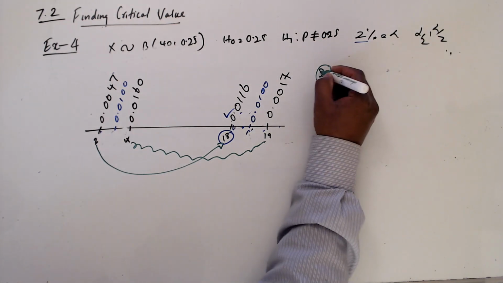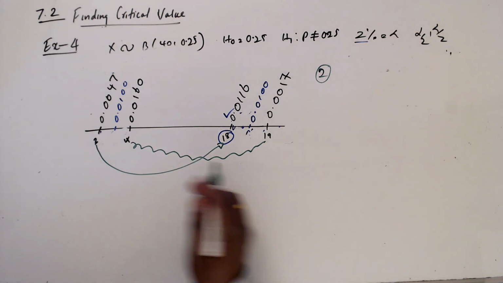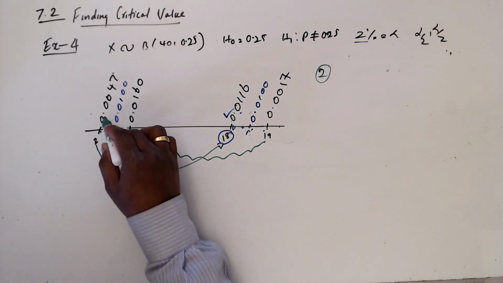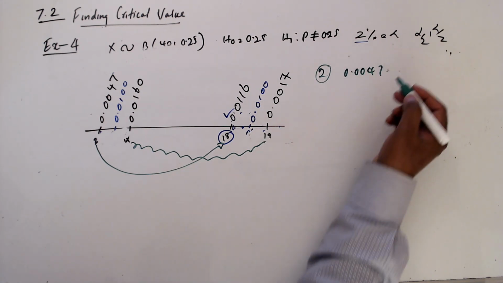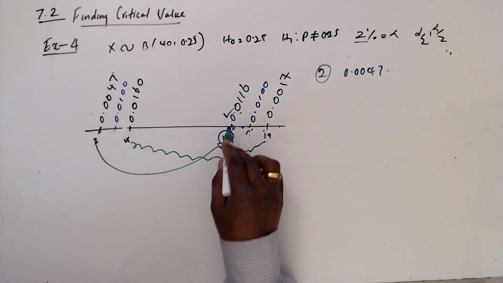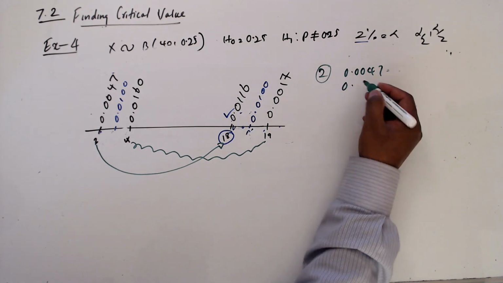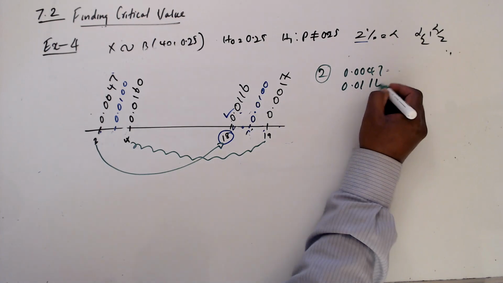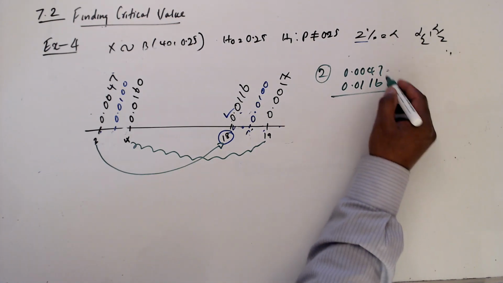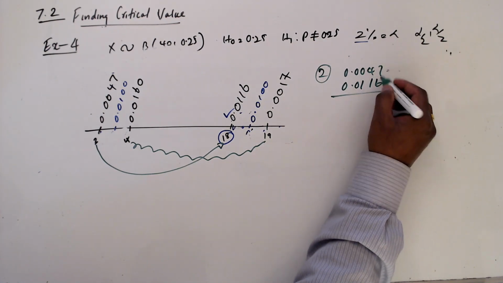We'll add those two together. Now what is this one? 0.0047, and this extreme value 0.0116, and this is going to be 13.